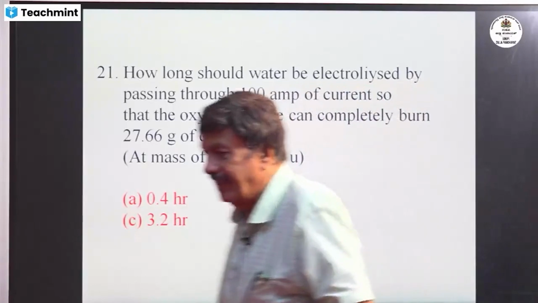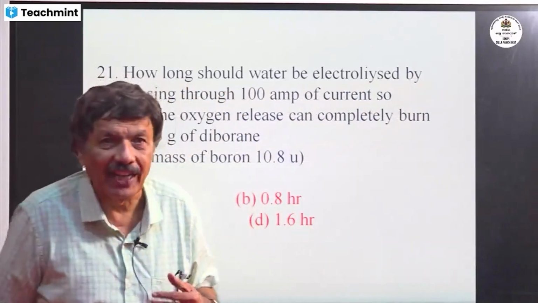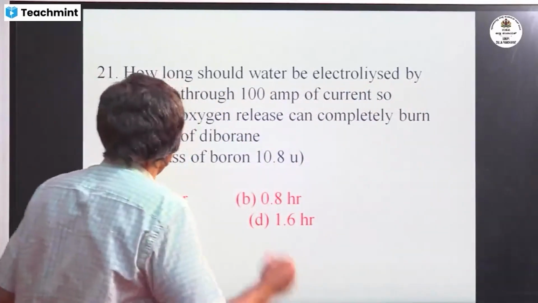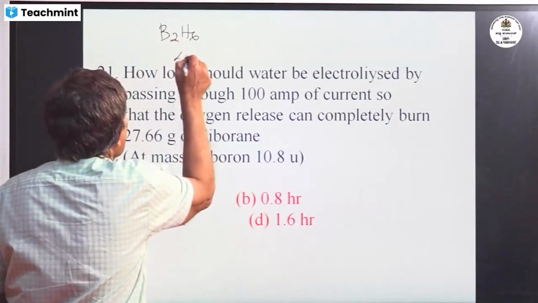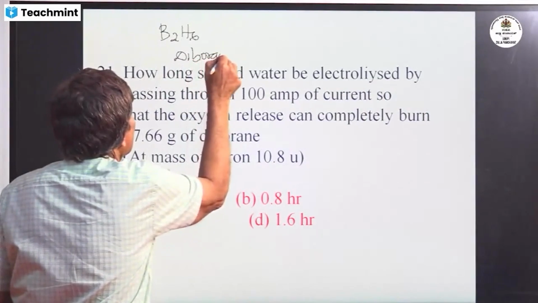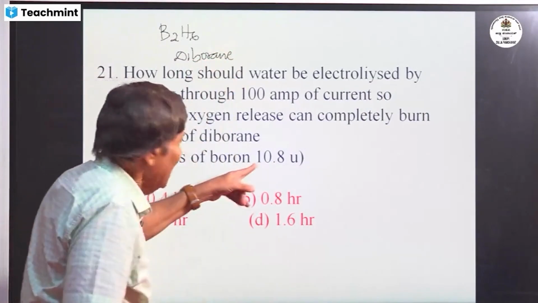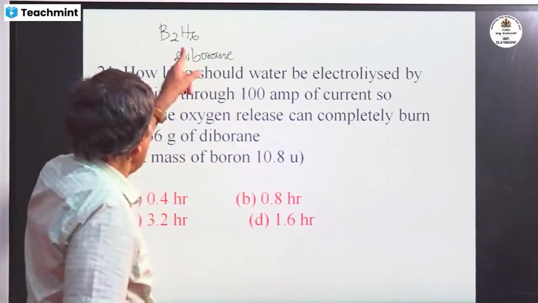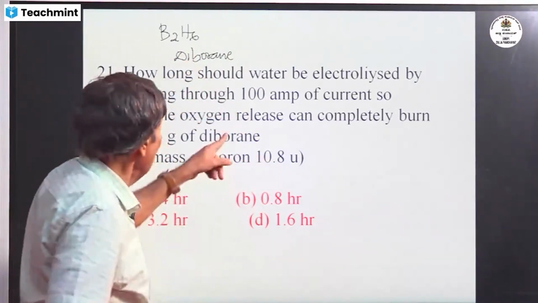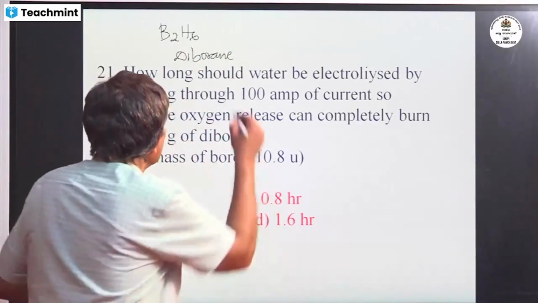What they have done is, they have taken diborane. What is the formula of diborane? B2H6. They have given the atomic mass of boron as 10.8, and hydrogen you are supposed to know.